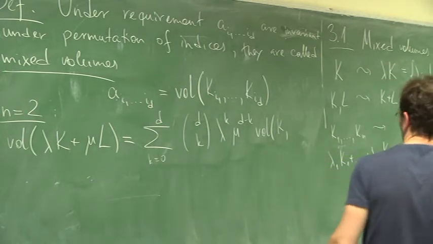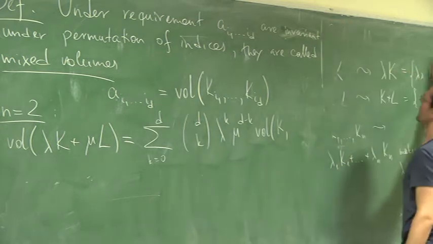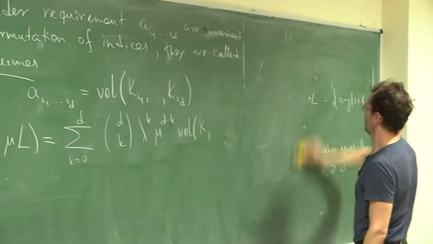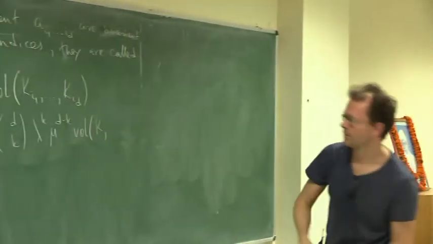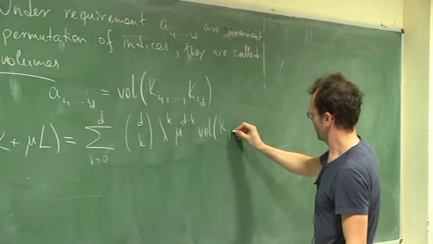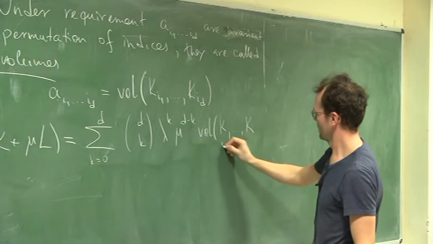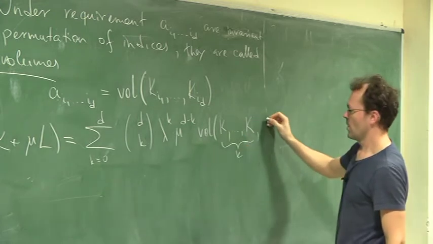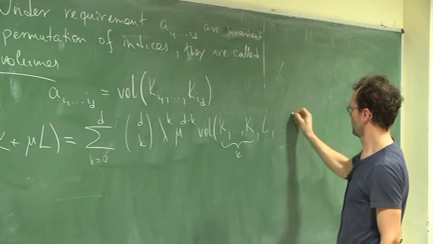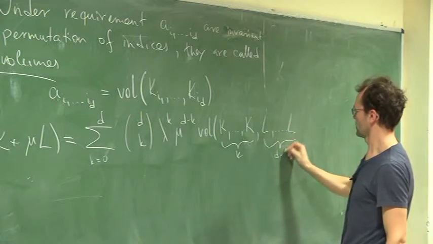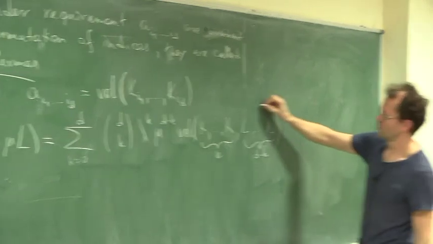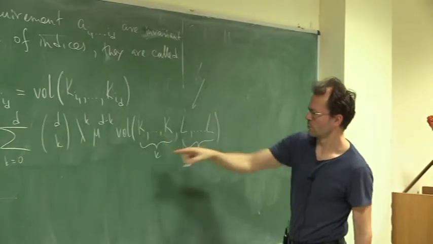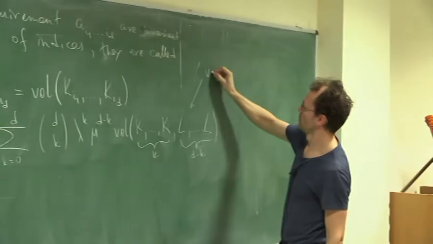K times, and then L, d minus k times. By the way, there is a convenient notation in order not to write this.